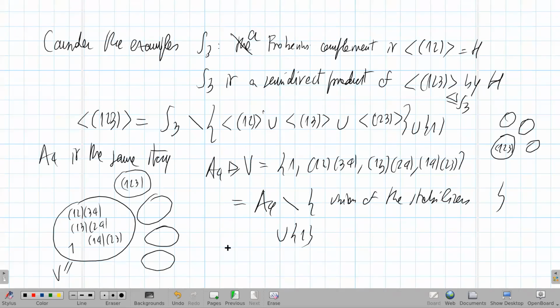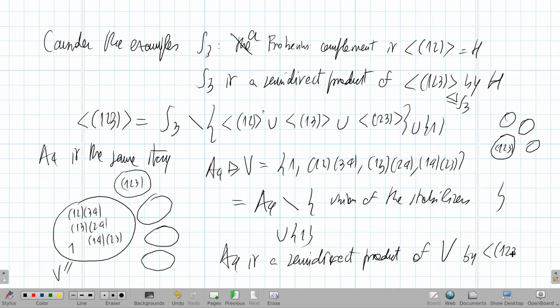And once more, A4 is a semi-direct product of V, this normal subgroup, by one of the stabilizers. Okay, let's say 1, 2, 3. Okay, stabilizer.